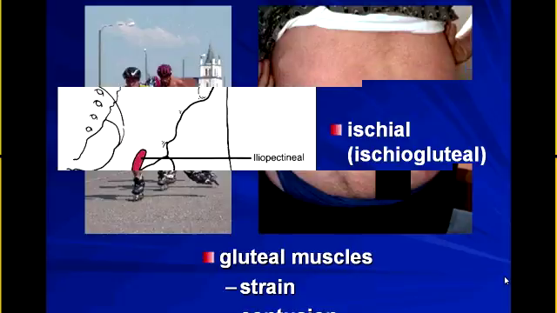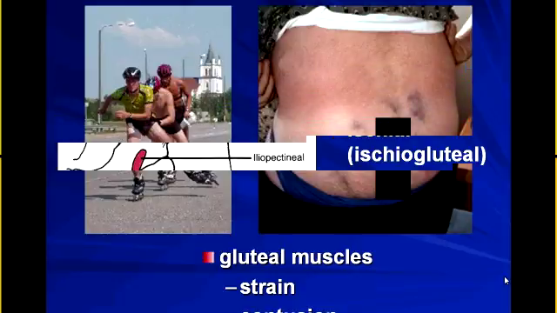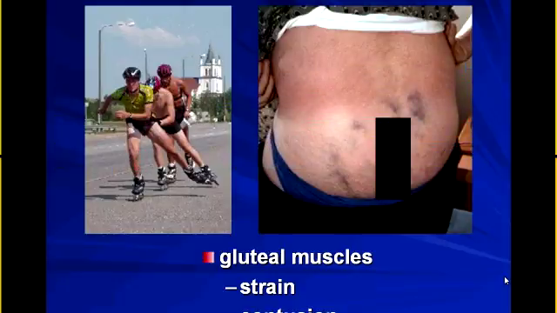Last, we need to talk about our gluteal muscles. It could be an acute strain of glute max or glute med, from a lot of skating or rollerblade activities, so pushing off. Or it could be a contusion to the muscle. Contusion can happen anywhere. Strain tends to be mid-substance, and both of these will affect the muscle's function.